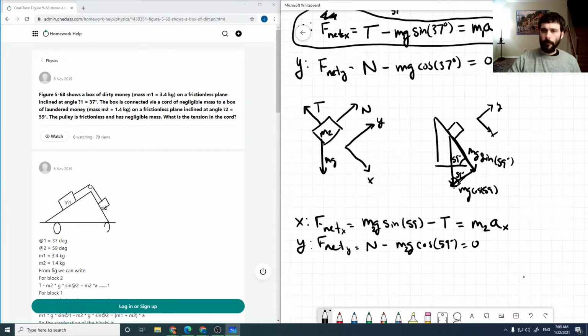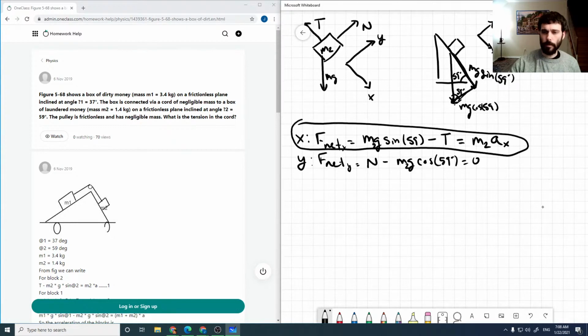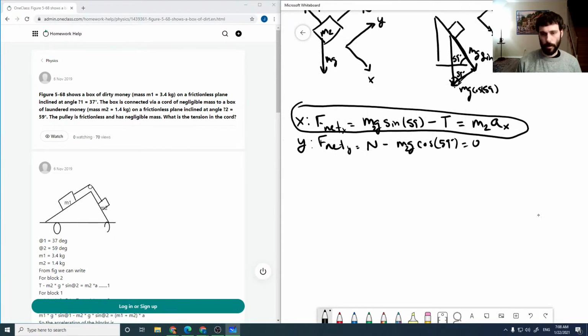All right, so now we have two equations and two unknowns. I'm just going to restate them just so that we have them.